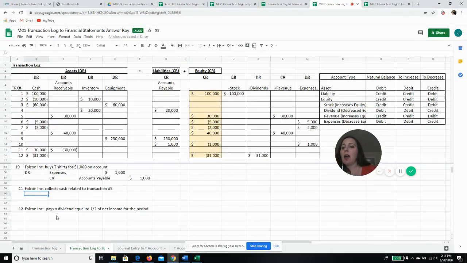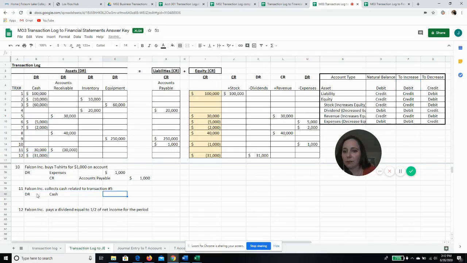Okay. So Falcon Inc. collects cash related to transaction number 5. So we're looking at transaction 11. We increased cash and we decreased accounts receivable. Okay, so cash is an asset and we increase it with a debit. So I'm going to debit cash, $30,000.